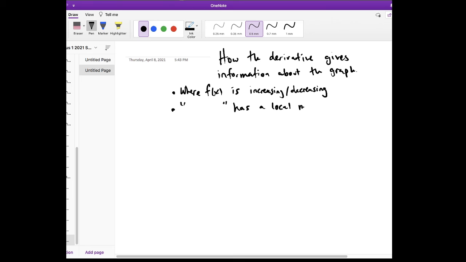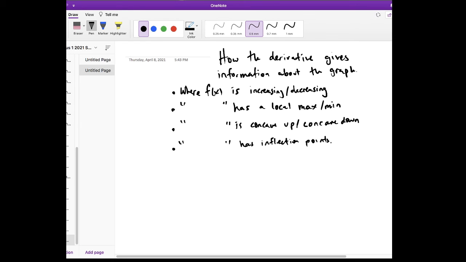So we already kind of know how to do that right now. We're going to determine the concavity. We've talked about concavity a little bit, but we'll give a better definition of it today. And then we're going to talk about something called inflection points.